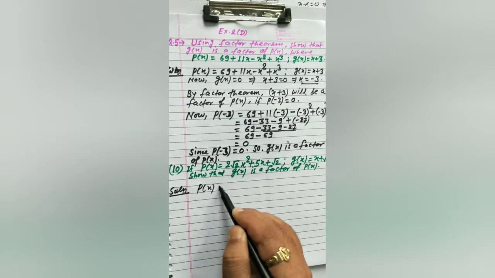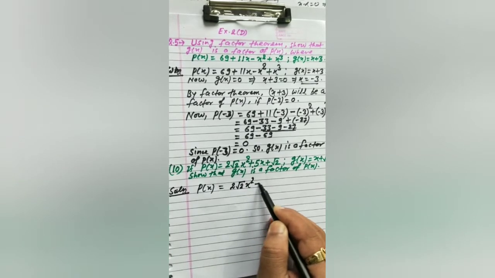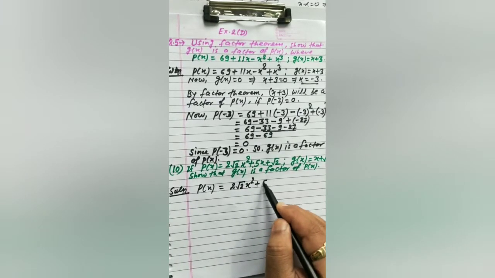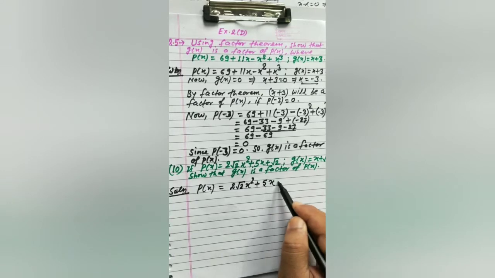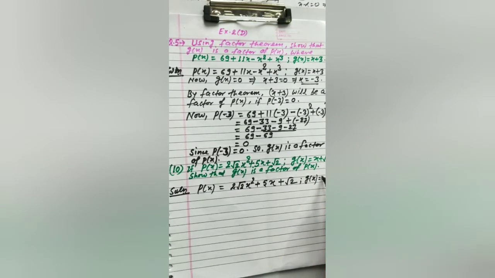Your p(x) is 2√2x² + 5x + √2, and your g(x) is x + √2.